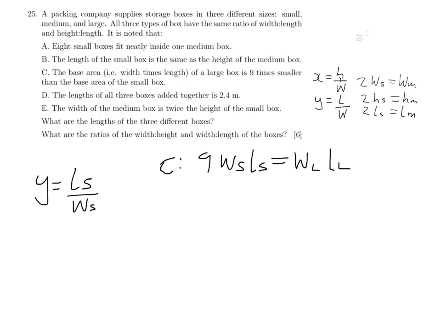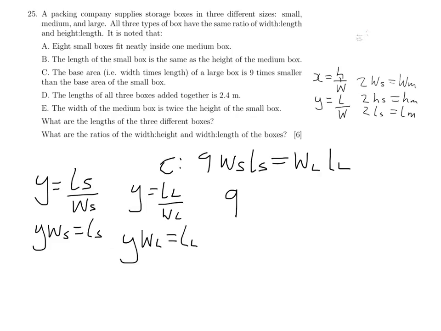So the length of the small box divided by the width of the small box, and rearrange that to get y times the width of the small box is the length of the small box. Also going to make y the length of the large box divided by the width of the large box, and again rearrange that for the length of the large box.